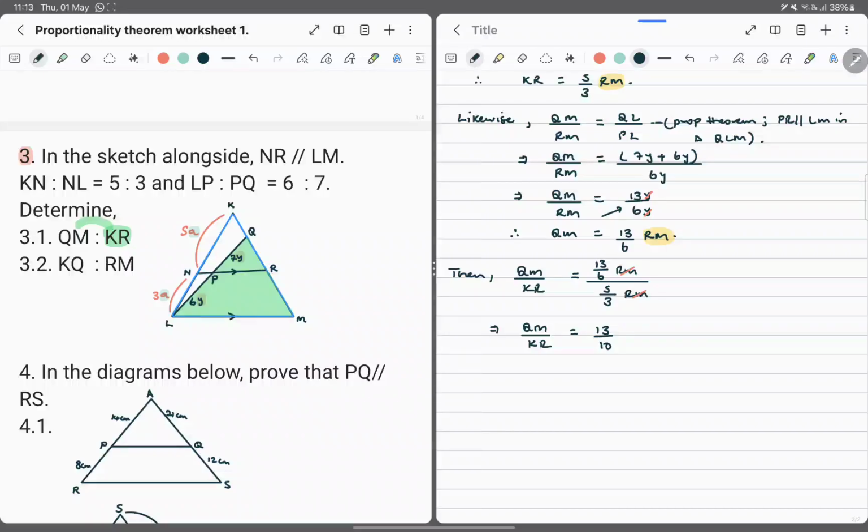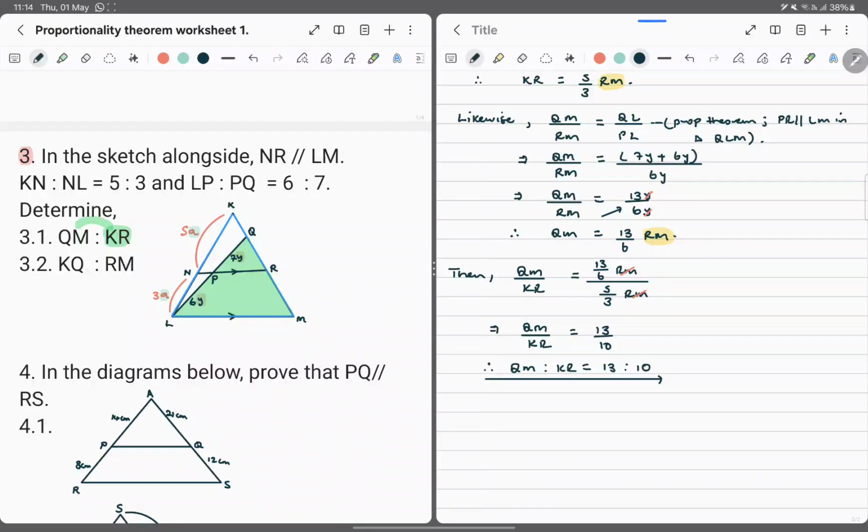Sometimes it's easy to mess up everything. Just write it as it is, divided by 5 over 3. And then let's see, we get 13 over 10. Okay, so what is that? Remember, the answer is to be presented the way it's given. So we will see that QM is to KR should be equal to 13 is to 10. Nice and easy.